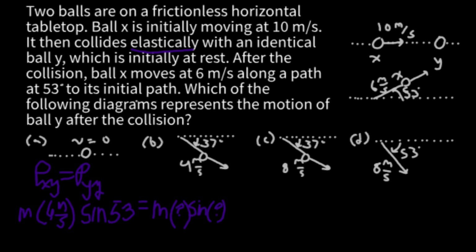But we know our masses cancel out. And actually, I want to use different variables here. We're just going to call this our unknown velocity A and our unknown angle theta, not alpha.